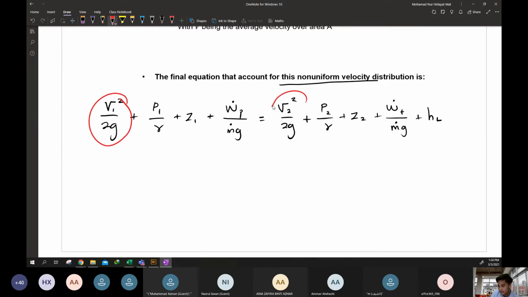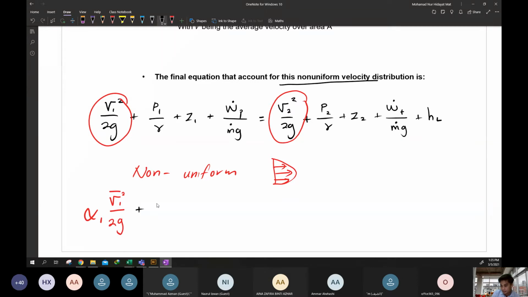this part because the velocity is not uniform. It is non-uniform. Okay, like this, the velocity moving profile. Alright, so here, the velocity will be like alpha 1, velocity 1 squared average over 2g. Okay, and the rest is the same.